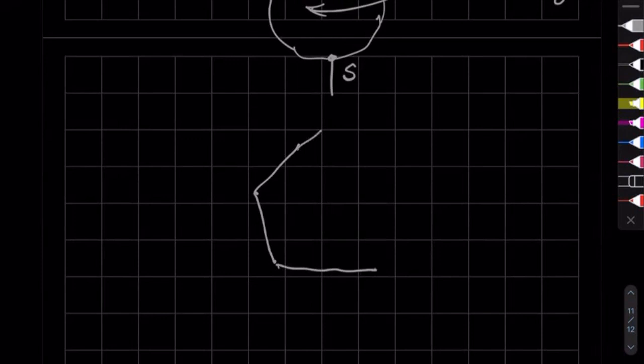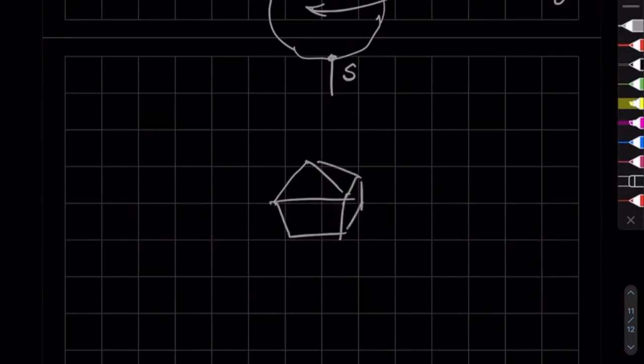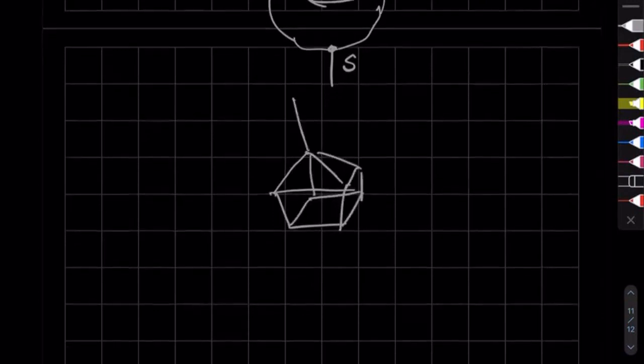Suppose you take a platonic solid, so some three-dimensional shape, and there are going to be some symmetry axes going through, say, one of the vertices.